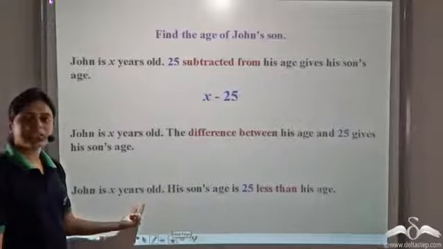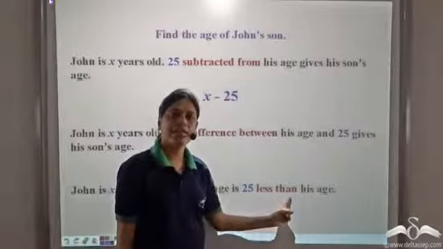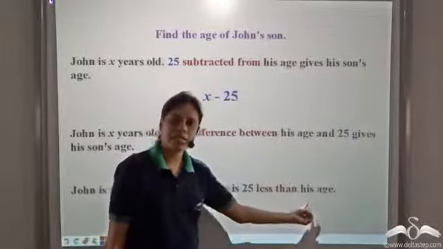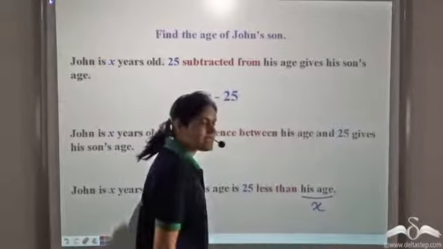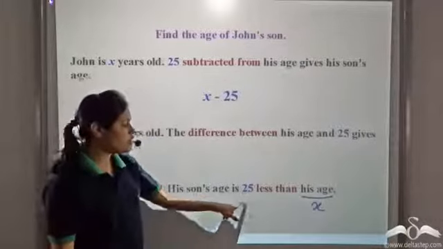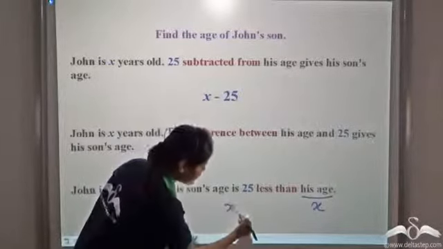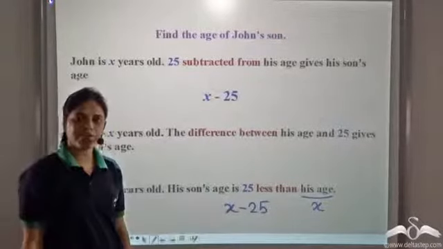John is x years old. His son's age is 25 less than his age. That is 25 less than x. What is 25 less than x? 25 less than x will be given by x minus 25.